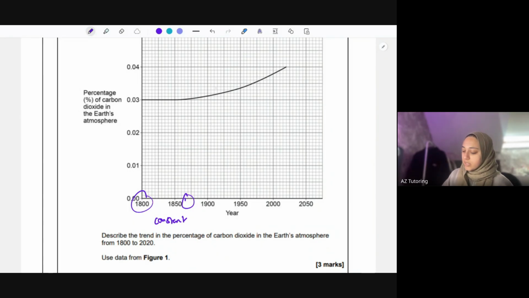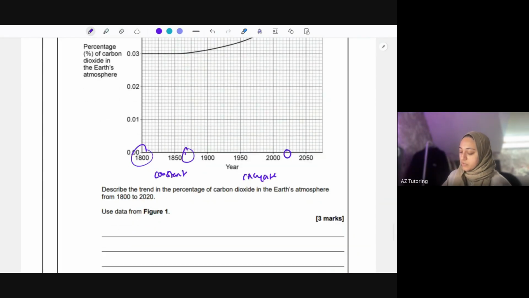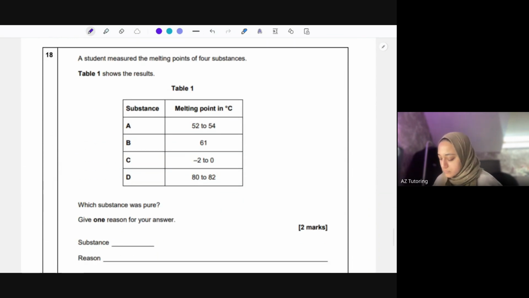And then after 1850, it increased all the way till after 2000. So that's when the slight increase happened to around 2020, I guess. So that's how you're describing it for 3 marks.